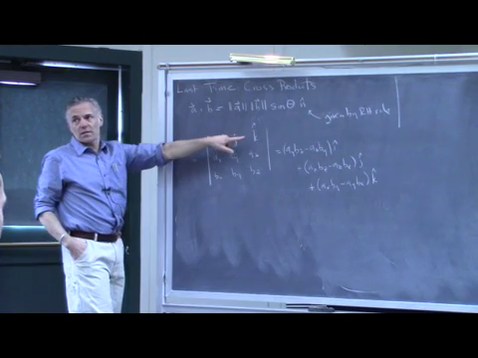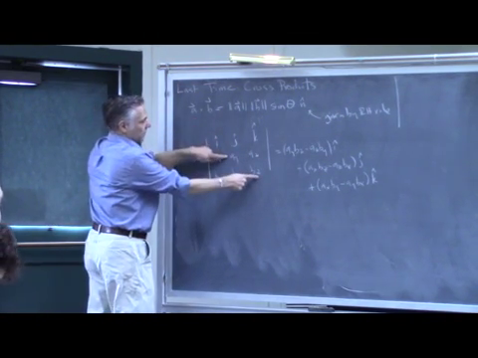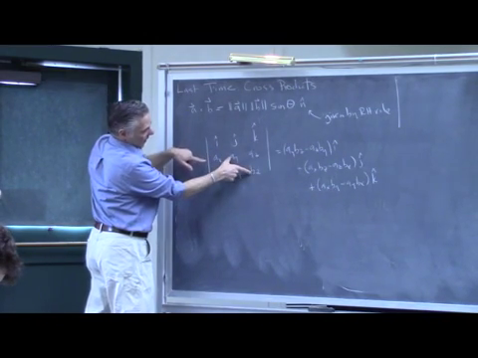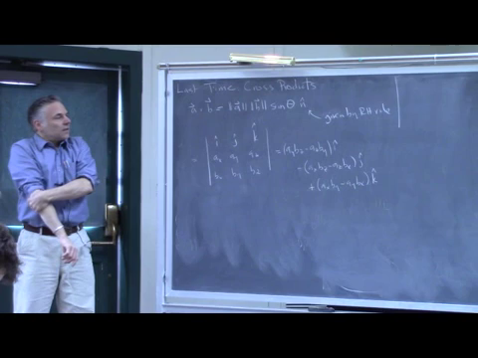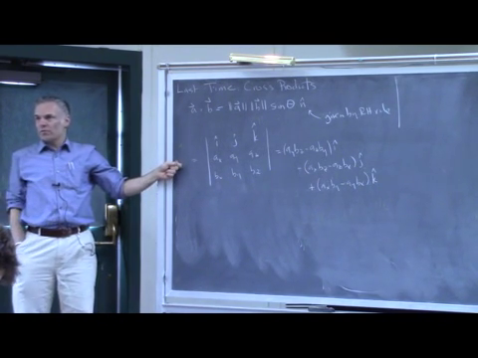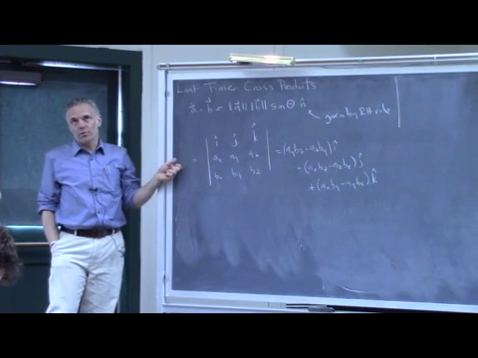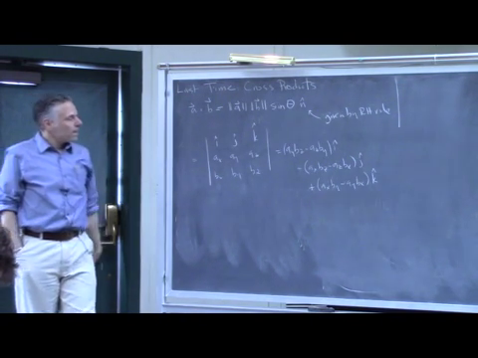So you go across the top, alternating signs, and then it's the diagonals minus the off diagonals. I don't think we're going to have to use this formula much. I'm trying to avoid it, but it's also important that you see it so you know how to generalize this stuff into 3 dimensions.